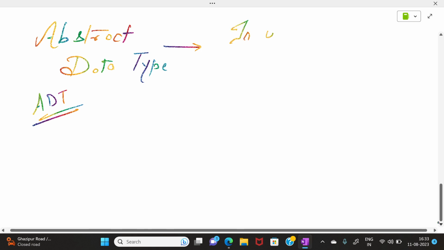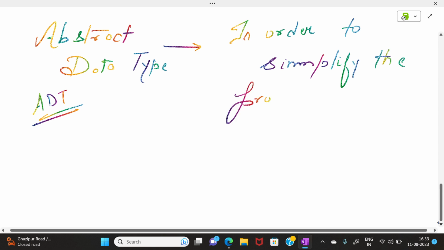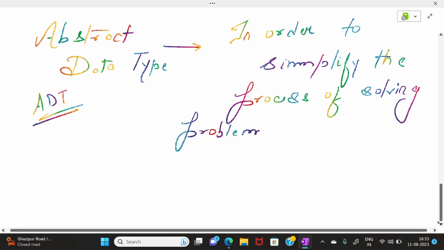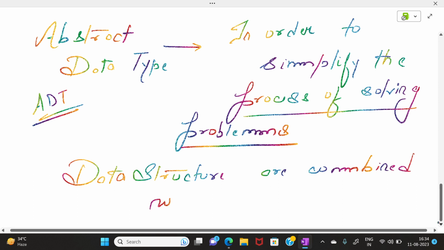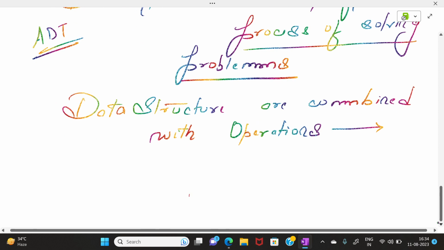Okay, in order to simplify the process of solving problems, data structures are combined with operations, and this is known as abstract data type.